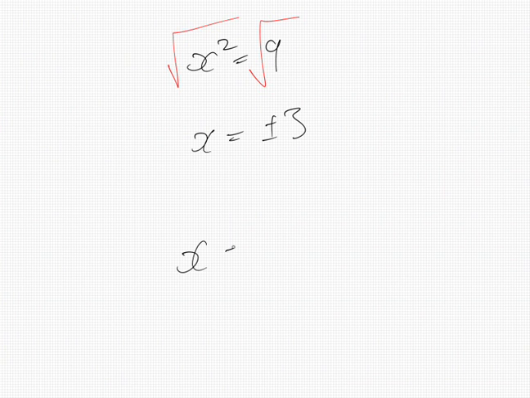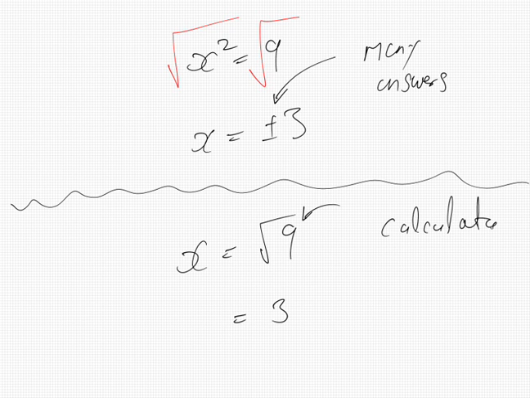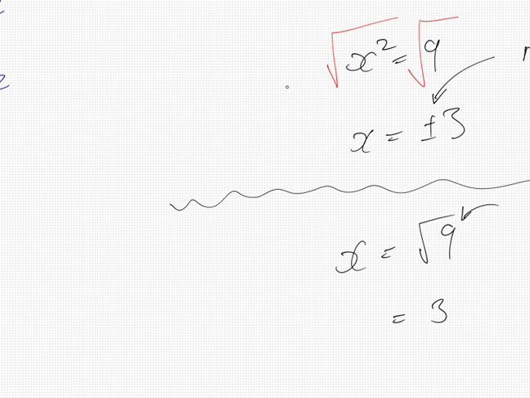If I say x equals square root 9, then that just equals 3. The plus and the minus comes in here because of many answers. This square root 9 is just a calculator, just the square root of 9. It's not made because we're trying to solve.